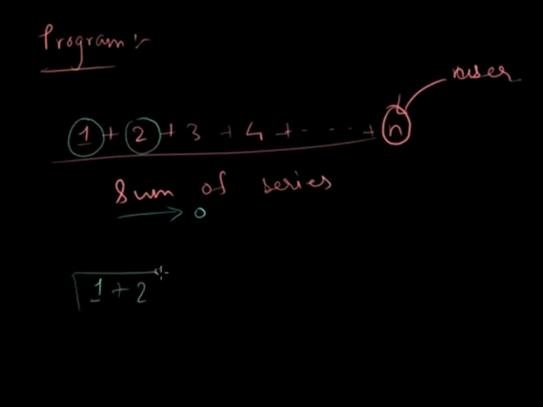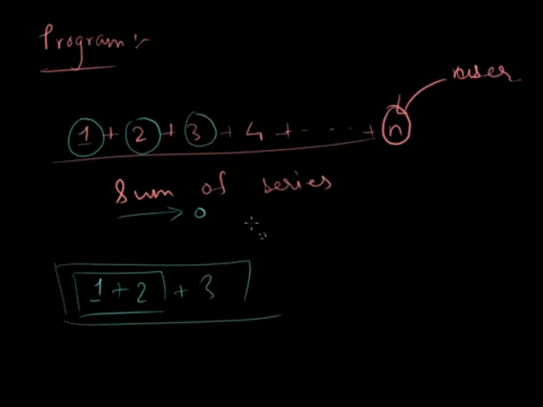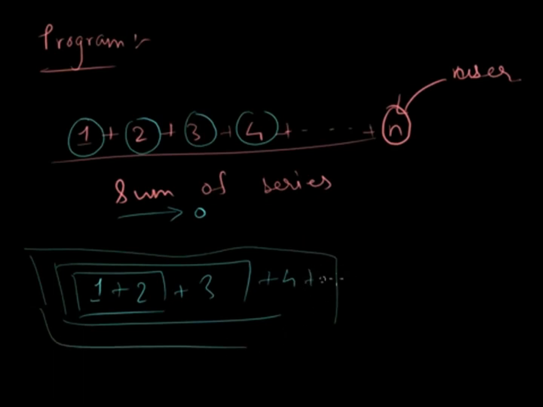The third time add 3 to it. The fourth time add 4 to it, until you find that i, the variable which you will use in the condition to control the loop, is equal to n. So this way you can find the sum of series.